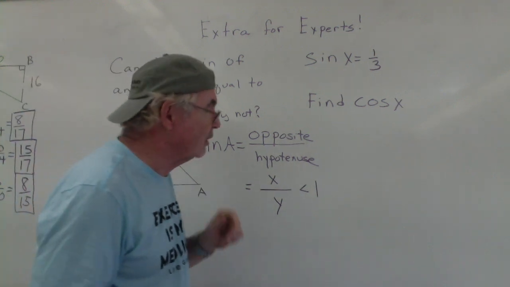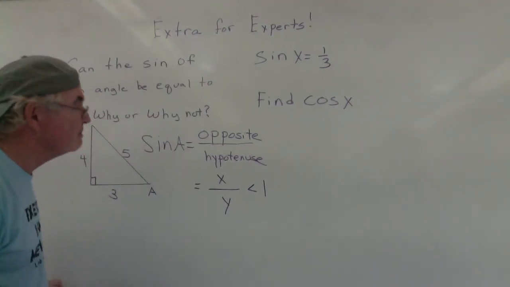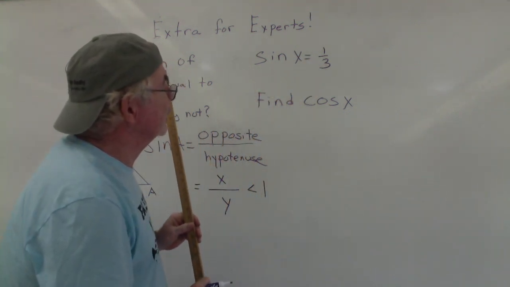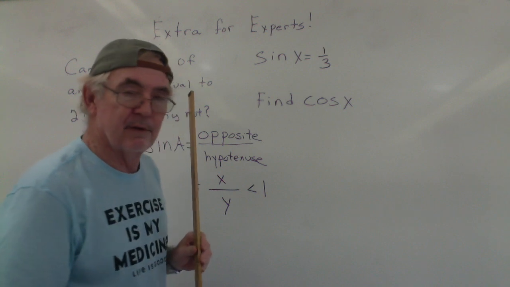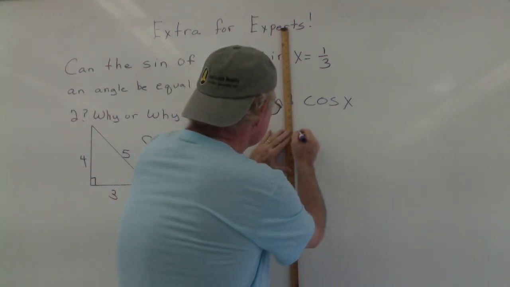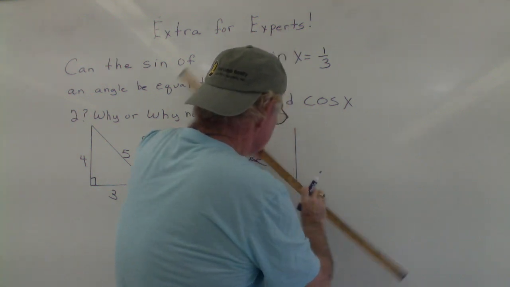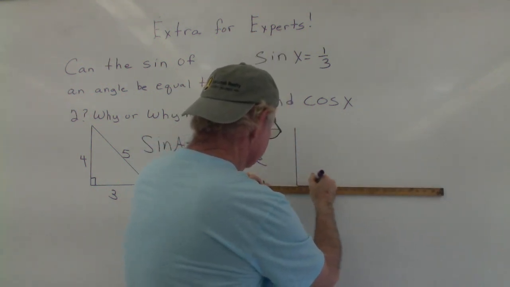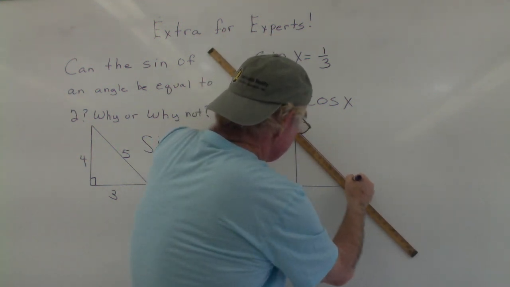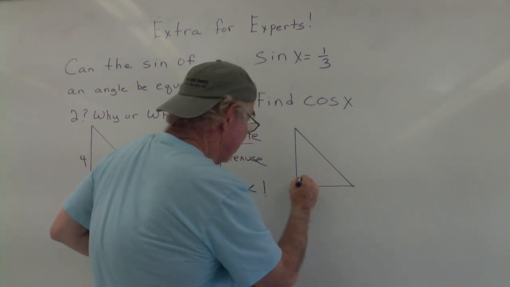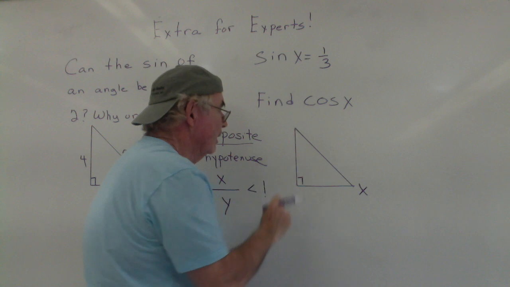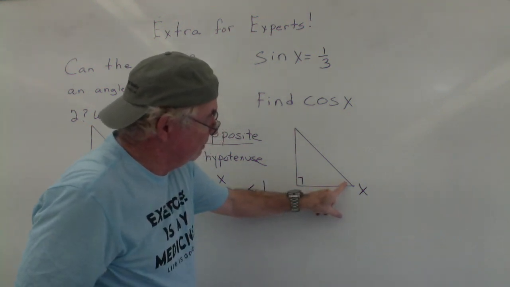Now the last one is an introduction to what we'll see soon. I give you that the sine of an angle is 1 over 3, and I ask you to find the cosine. So let's draw a triangle. I'd like for you to draw the triangle out as neat as possible, and let's call this the angle X. Now what's the sine defined to be?